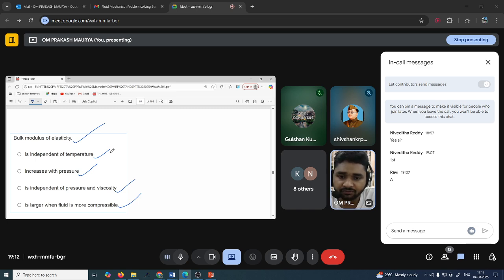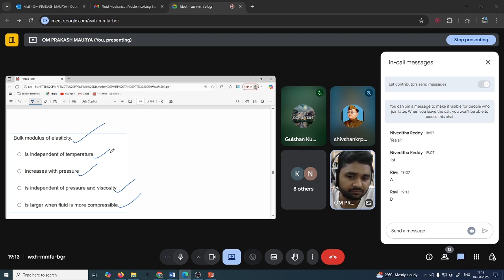So, bulk modulus of elasticity, please everyone try to give your answer. No one is actually trying, please. At least write the formula. If you know the formula of bulk modulus of elasticity, that will help you. I'm giving you a hint: just try to see the formula of bulk modulus of elasticity in fluid mechanics.